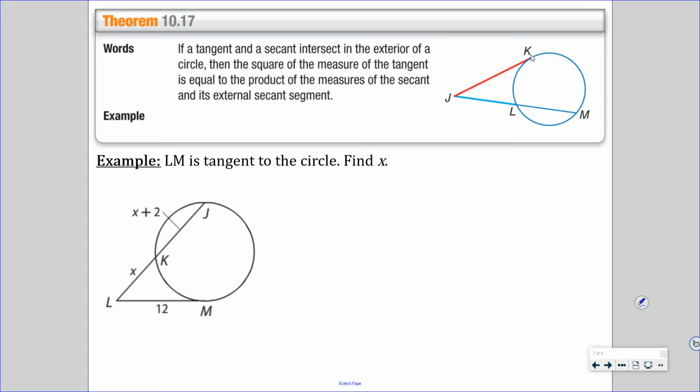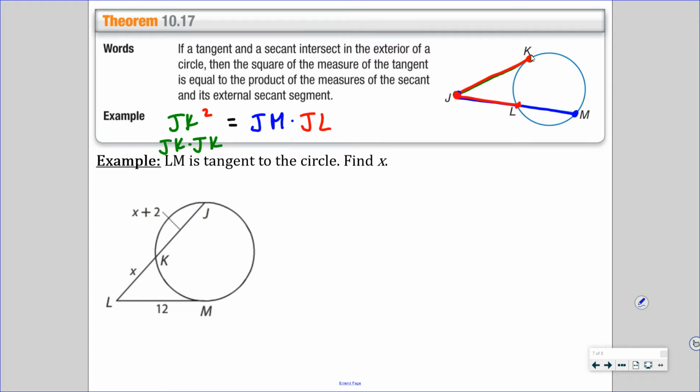So this time, the only thing different is tangent, the entire piece times the external piece, and the whole piece is the external piece. So we just do JK squared, that times itself. If you want to write this out, you can. It's the same thing. That is the same as the entire secant piece, JM, times the external piece, JL. So it's really just the same rule, just looking at now the tangent piece.